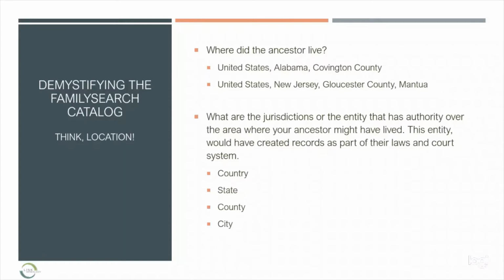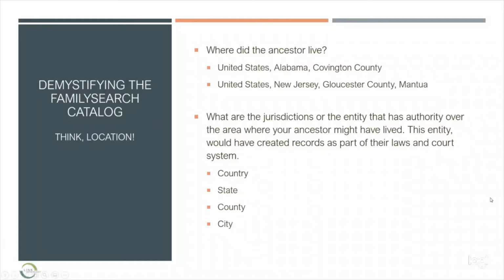And so you just want to be familiar with what records you're looking for and what entities might have created those records. If it's a death certificate, are you looking at the state, depending on the time period, or are you looking at the county clerk's office that would have created those records for you?